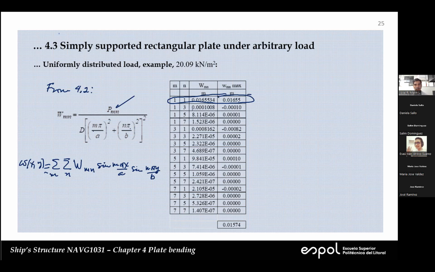What you see here is the W evaluated at the central point. And this is the deflection. Of course, this is a very special case, okay?